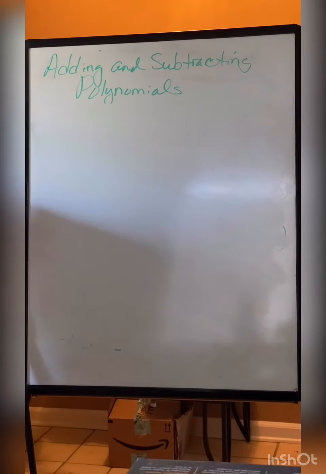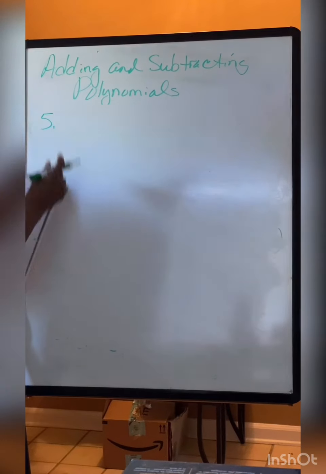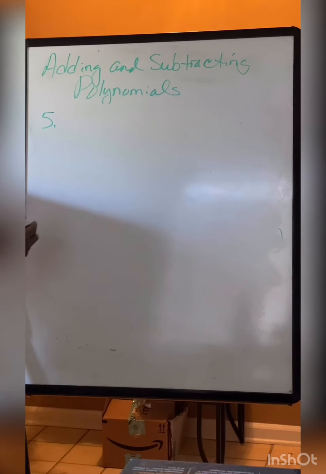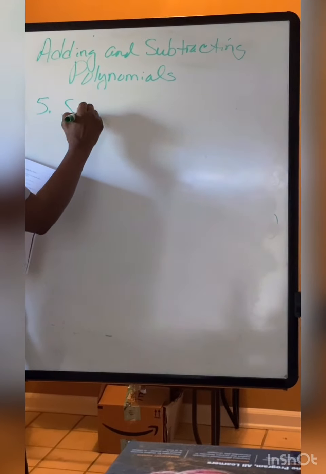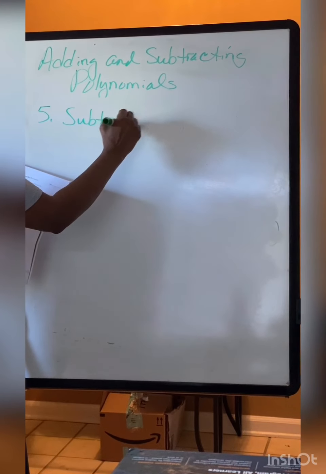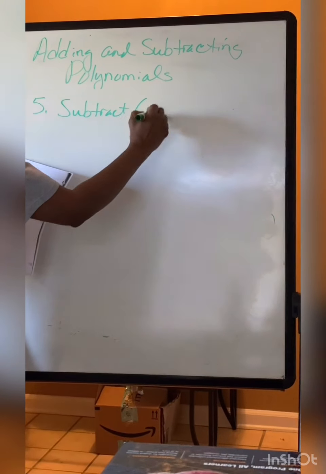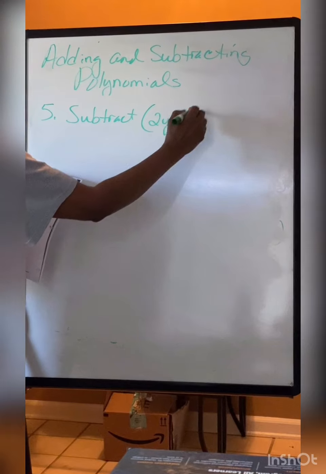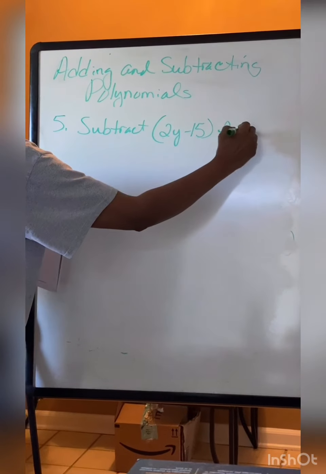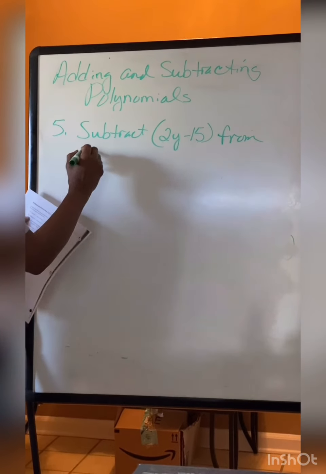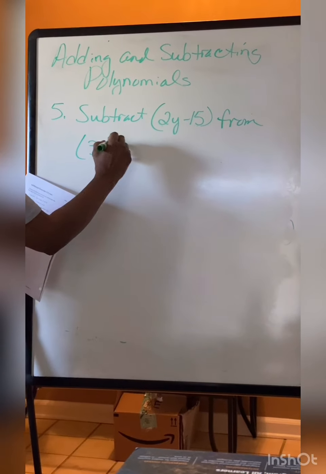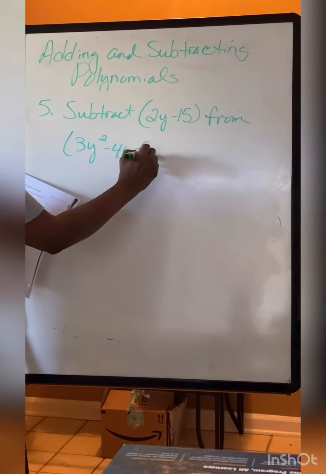On example 5, sometimes the problems are written in words for you, such as it may say, subtract the binomial 2y minus 15 from the trinomial 3y squared minus 4y minus 8.